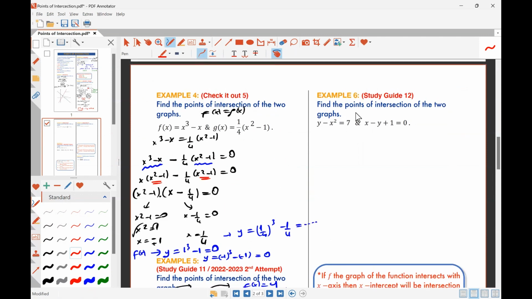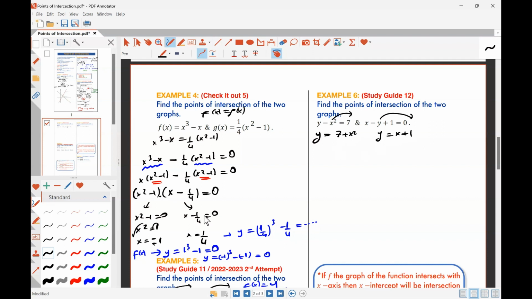So here I have a similar type as the previous one. This is also study guide 12. I have two different equations, which means I have two different functions. Write the functions by isolating y, getting y by itself. Bring x squared to the right, so 7 minus x squared. Here let me bring y to the right, so y equals x plus 1.